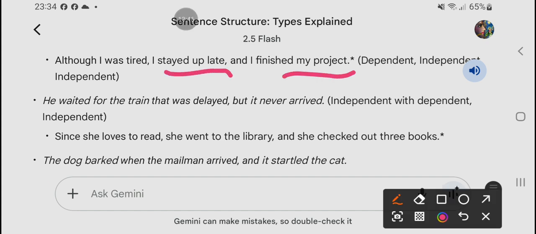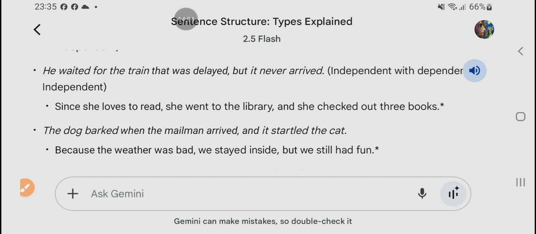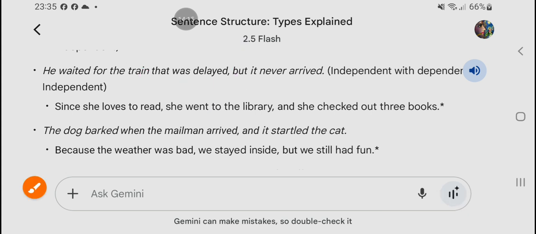Two things are going on: although he was tired, he stayed up late and finished his work. He waited for the train that was delayed but it never arrived.